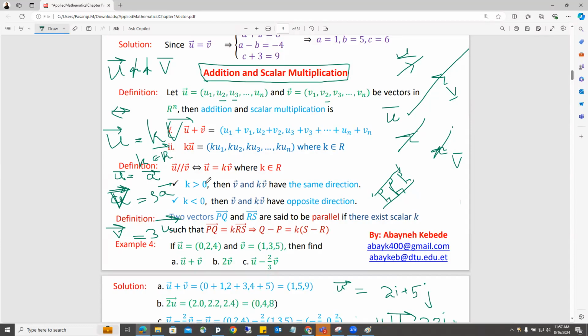If the value of k is a negative number, which means less than 0, then those two vectors are in opposite directions. One is to this side, the other one is to the other side. Is it clear?